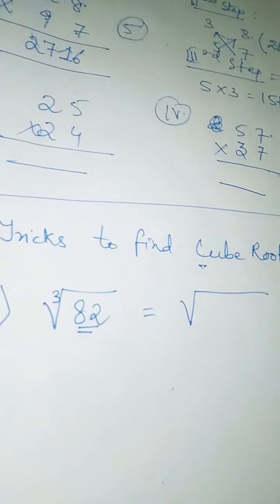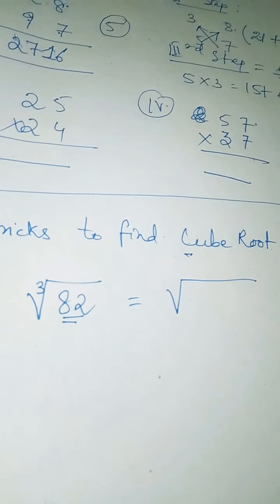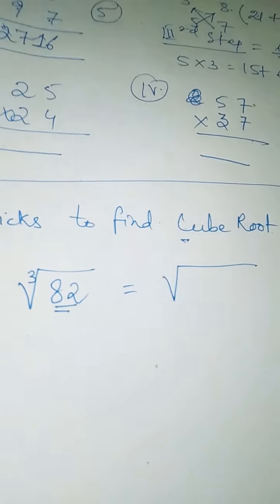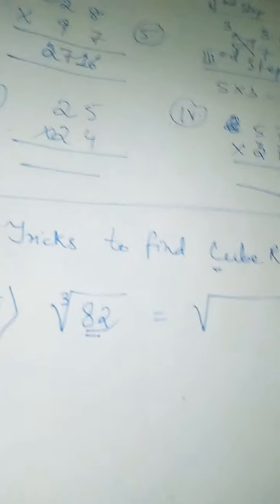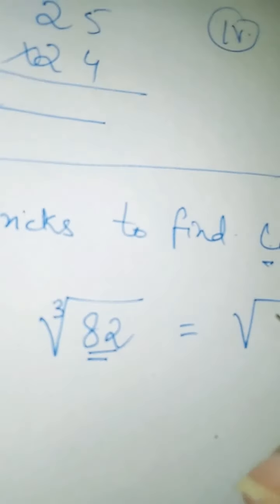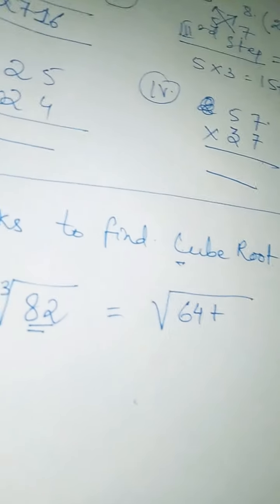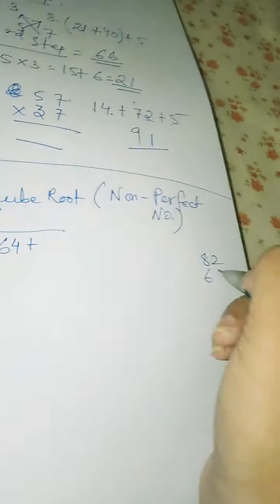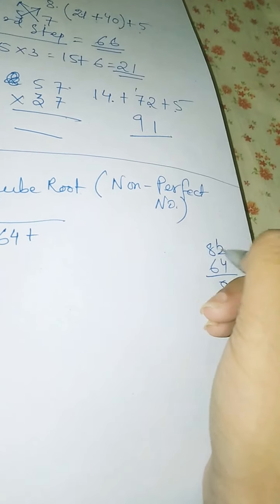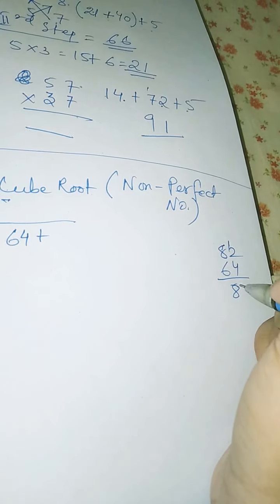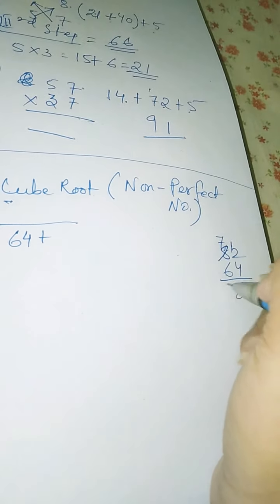82 we have to break in such a way that one number is a perfect cube root number, and the other number is the difference between the two numbers. So here we will take 64 as the perfect cube number, and then we will subtract 64 from 82, so that we get the other number, that is 18.